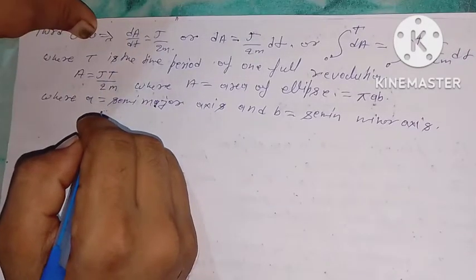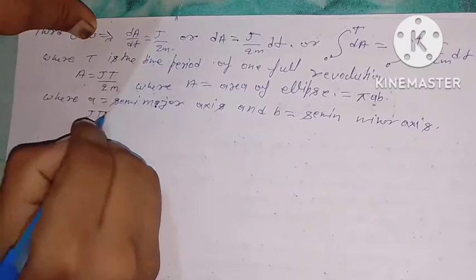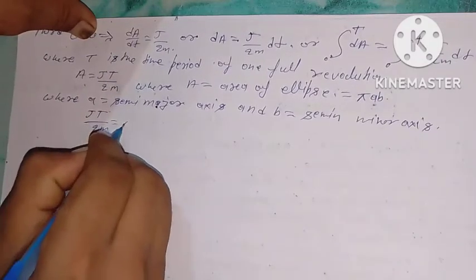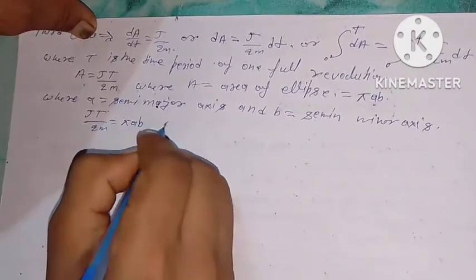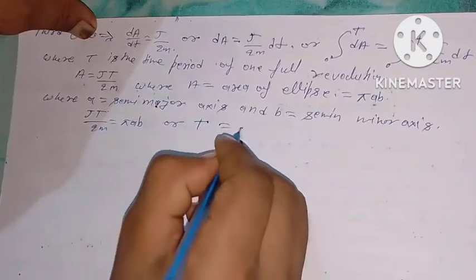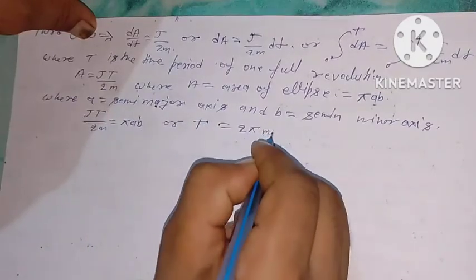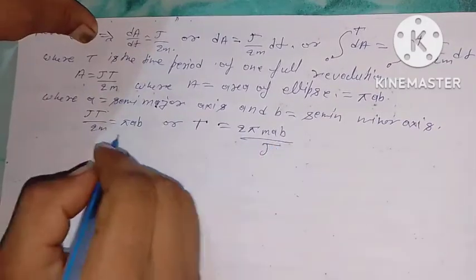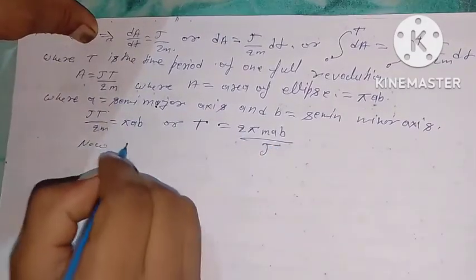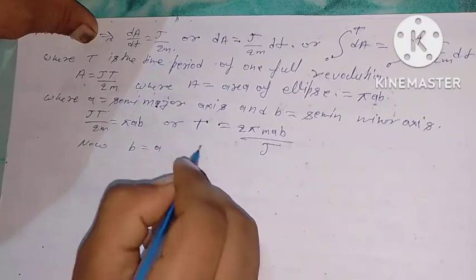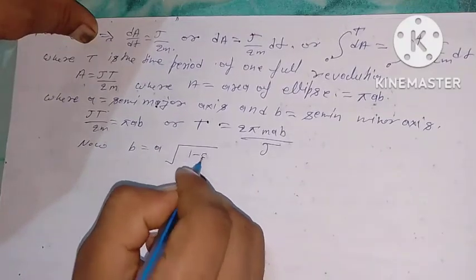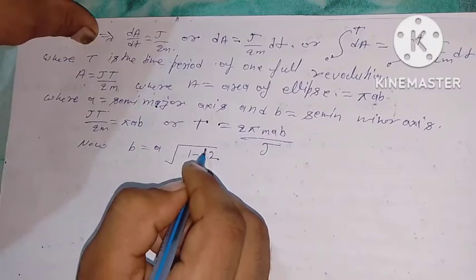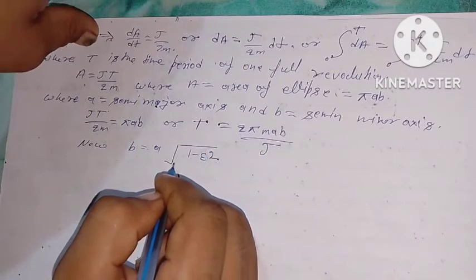So JT upon 2m equal to pi AB, or T equal to 2 pi mAB upon J. Now B equal to A under root of 1 minus epsilon square.